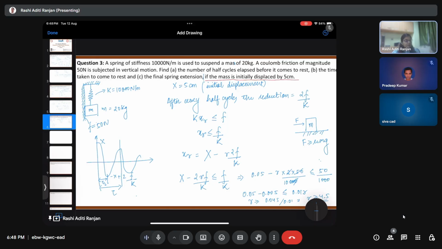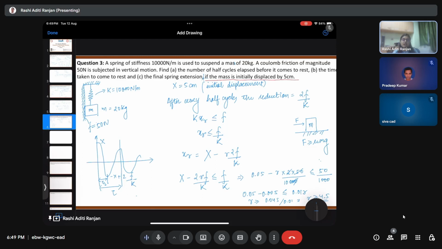So over here, there is no specific mention that the displacement is done with respect to the equilibrium point. Okay, so it means that the displacement is given considering the equilibrium point. It means it is from the zero reference where there is no deflection of the spring, right?